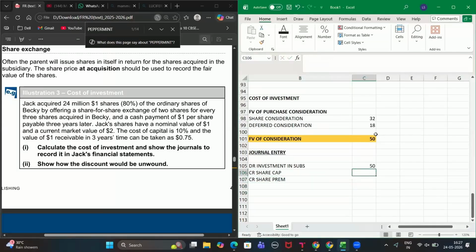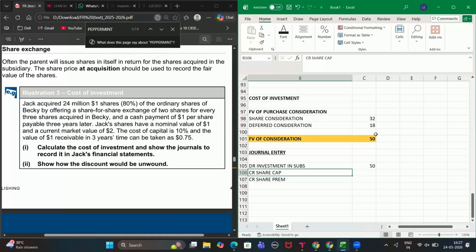Have they given us the share capital component and share premium component in this scenario?